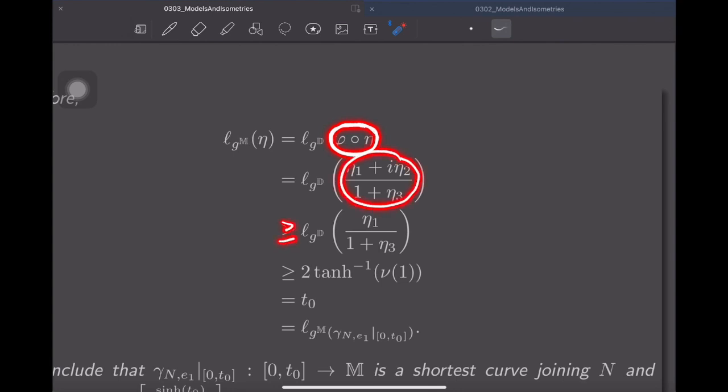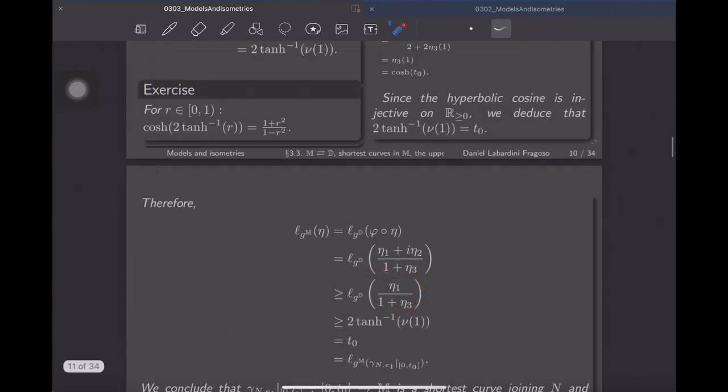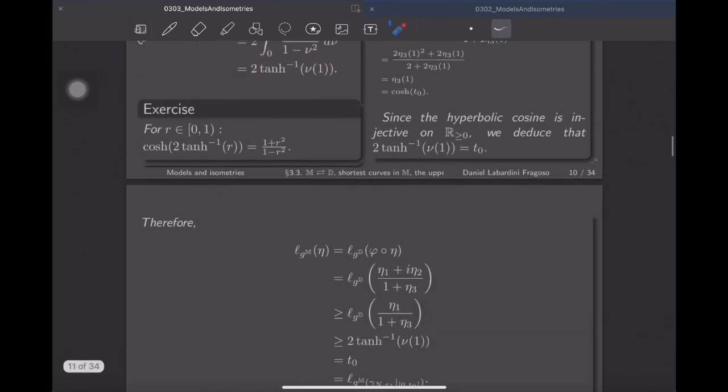That was greater or equal than the length of just the real part, right? That we excluded. We said, okay, we can delete this and then obtain this inequality. Okay, and this was greater or equal. So let me see. This length is greater or equal than this two times hyperbolic arctangent.